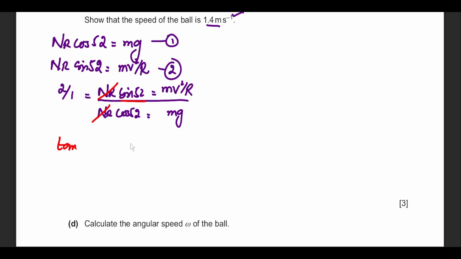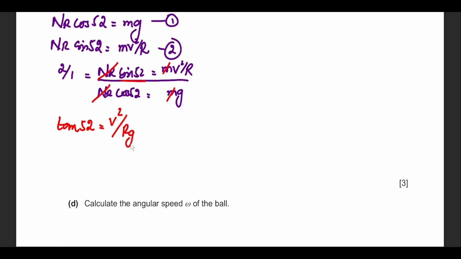So tangent of 52 equals, m cancels with m, and we are left with v squared divided by rg. We know that the acceleration is equal to v squared divided by r. We could replace it here somehow, but at this stage let's avoid doing that.